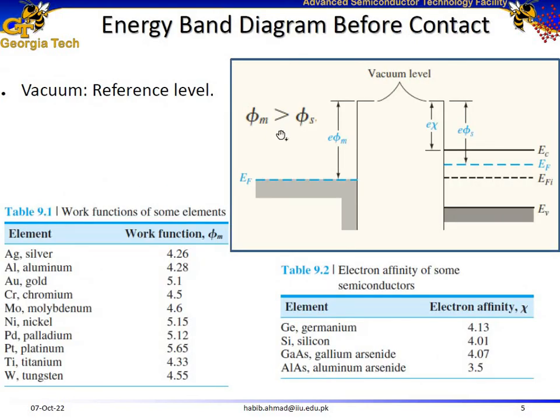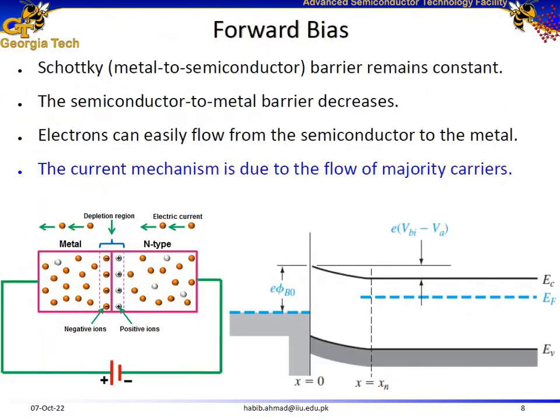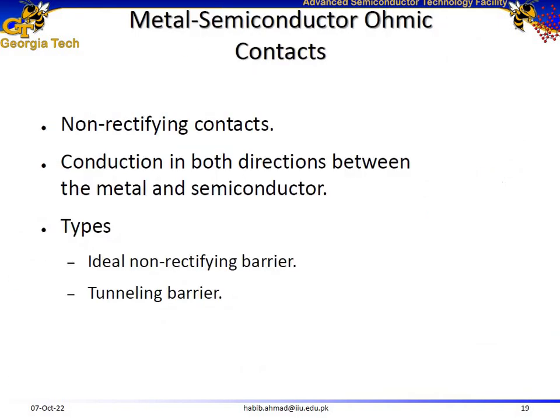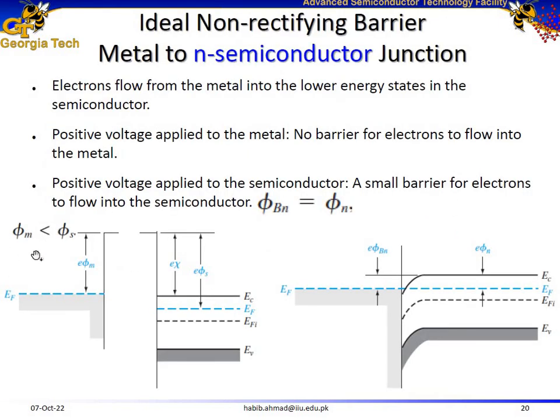For a rectifying contact, the metal work function should be greater than the semiconductor work function for n-type semiconductor material. But on the other hand, for non-rectifying contact, it's the opposite. Now the metal work function should be lower as compared to the semiconductor work function, and you can see that over here.